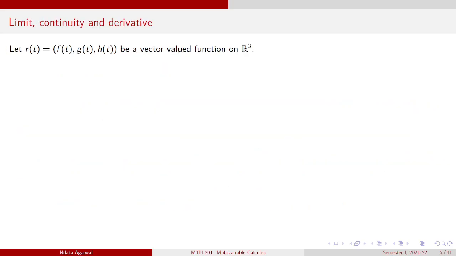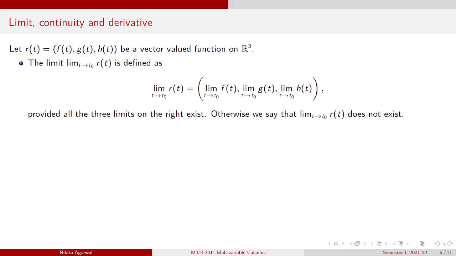Now let us define operations, calculus, on vector valued functions. So let r(t) be a vector valued function on R3 with components f, g and h. The limit as t goes to t naught of r(t) is defined as: you just apply this limit to each component, right? And each component is a function from R to R, so you know what the concept of limit is there.